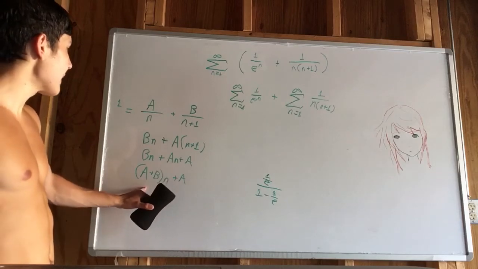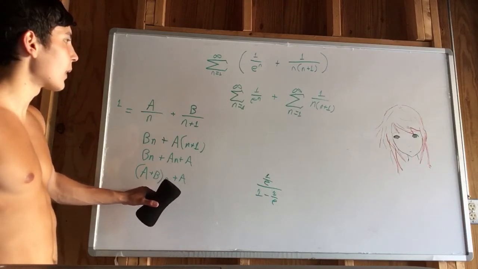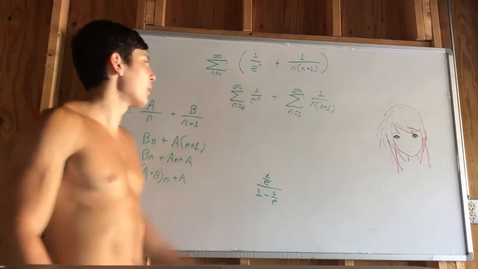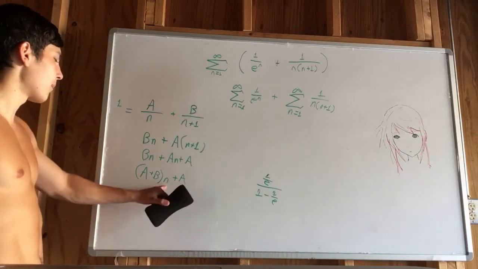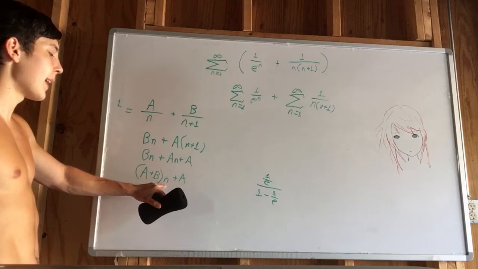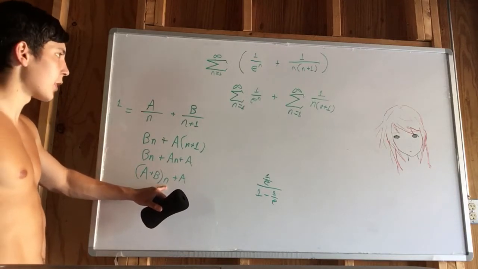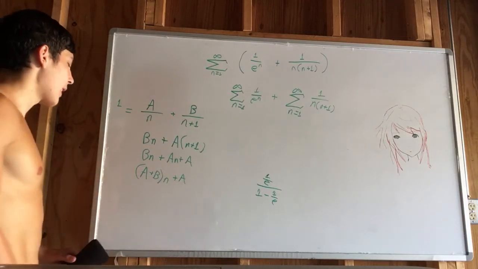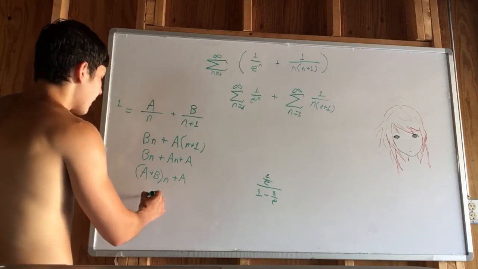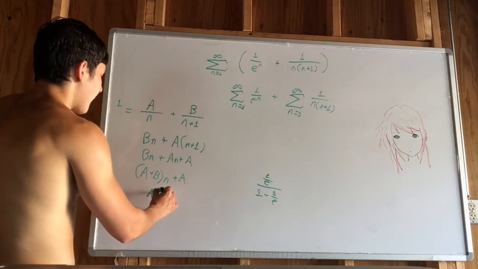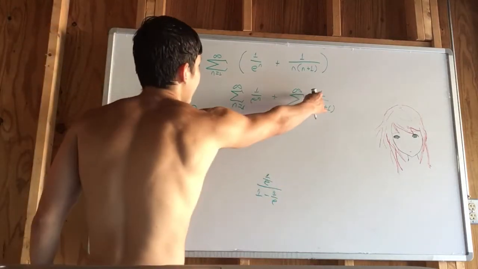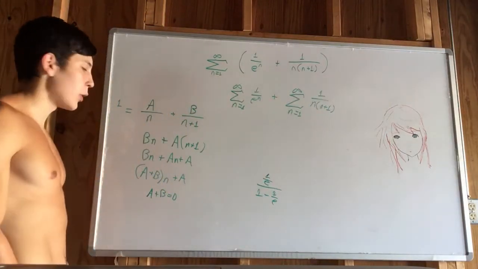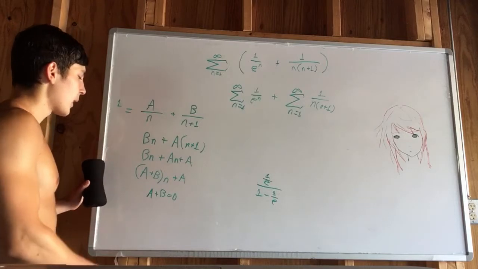So now that we have this, we look at our original thing and we see, oh, was there any term that had an n in it? There isn't a term in there that has an n. So that means that a plus b must be 0. A plus b equals 0. What is the other term? The only term in that numerator is 1.